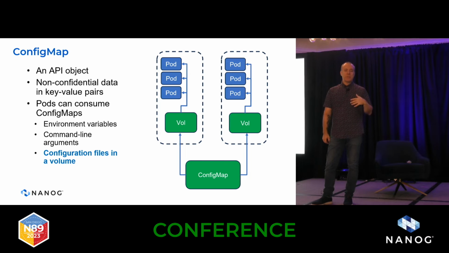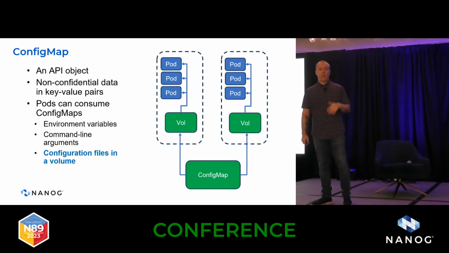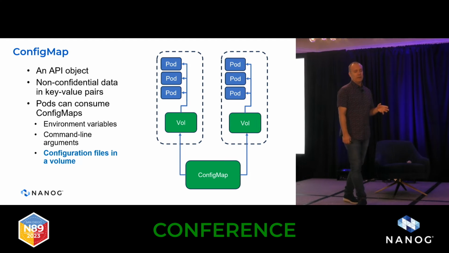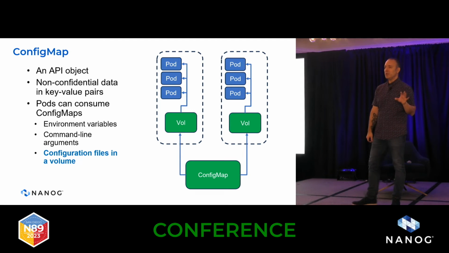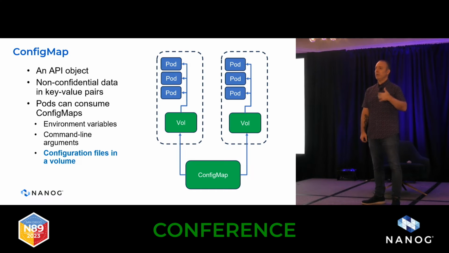And that information is going to be available for all the pods in the cluster. Then what I did is I set the configuration files of my application directly on a config map, and that way from any of the pods I can just mount it as a volume and start getting that information directly from the config map.